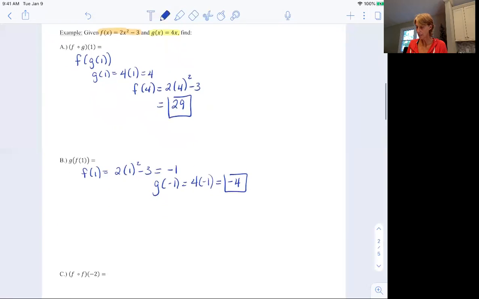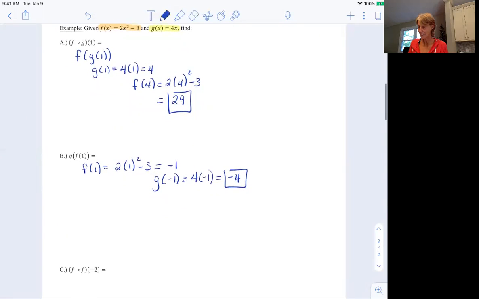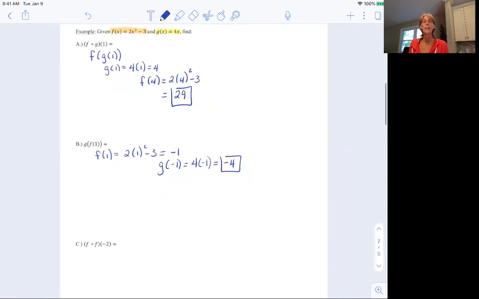And in my last example, f of f of -2. So I'm going to plug -2 into f, get my answer, and then plug that answer into f again.